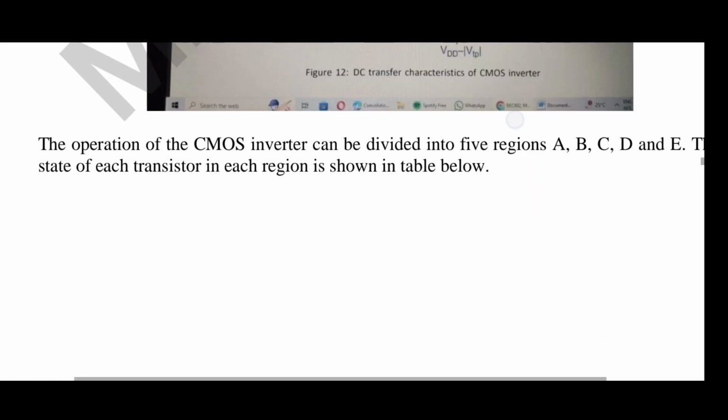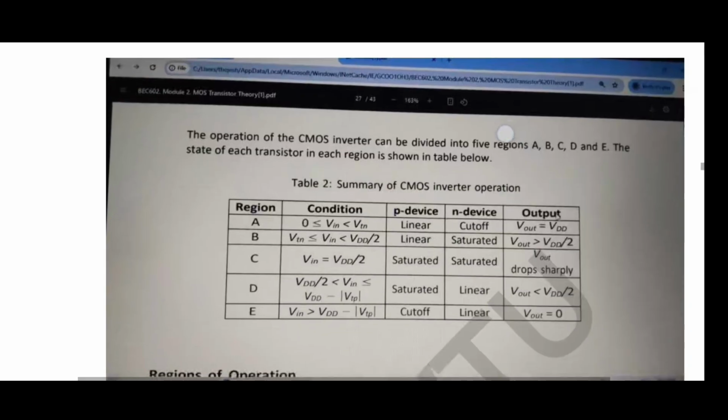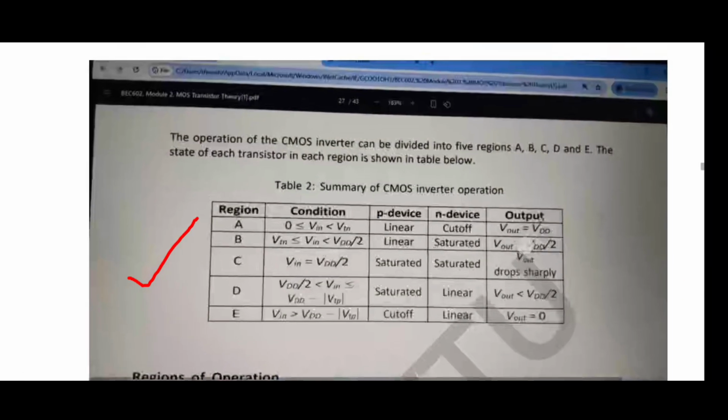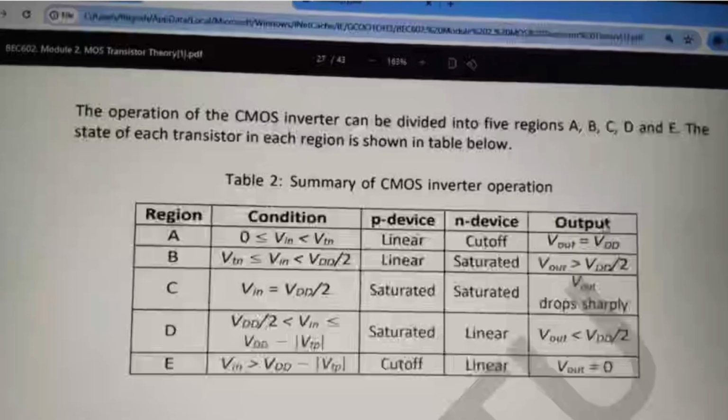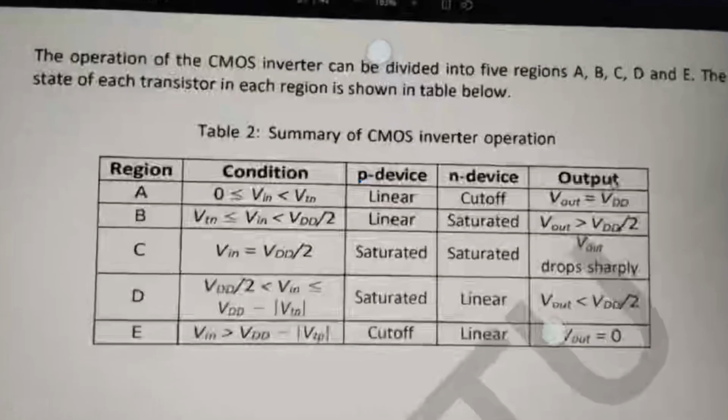So here this is a very important table. You must remember this table without fail, because this is the table which carries more marks. The entire question carries 12 marks. You are supposed to write this table for 5 marks. Okay, so what is this?